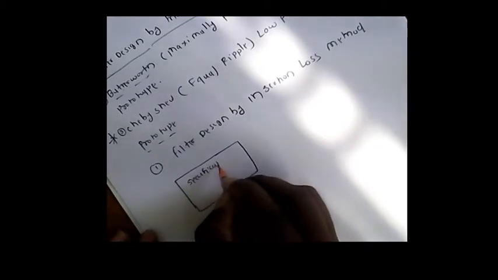First we define the specification of the filter: which type of filter is to be designed, the cutoff frequency omega c, the number of elements, meaning the order of the filter, the normalized impedance and the source impedance.